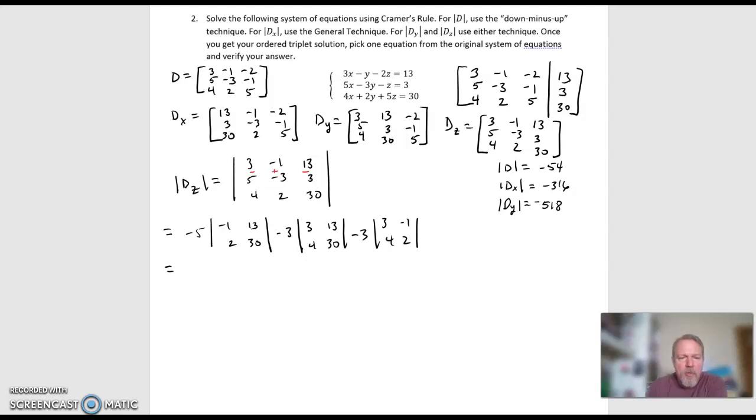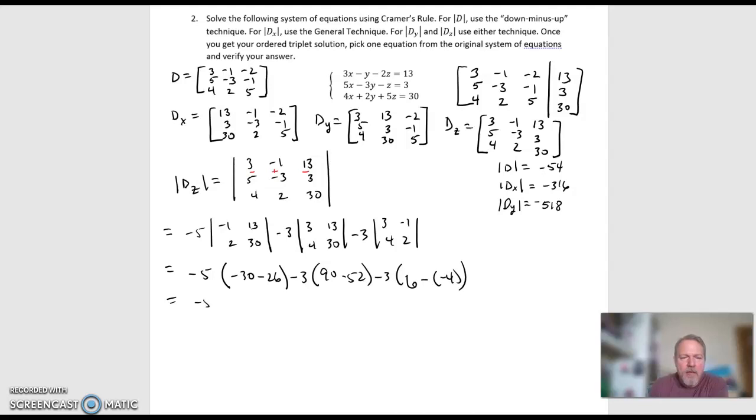And let's do these determinants and we'll simplify. Negative 5 times negative 30 subtract 26. Negative 3 times 90 subtract 52. Negative 3 times 6 subtract a negative 4.